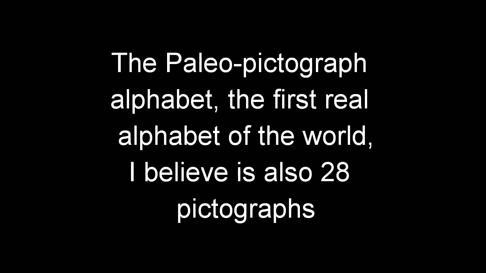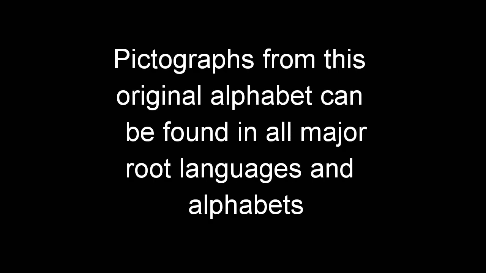The Paleopictograph alphabet, the first real alphabet of the world, I believe is also 28 pictographs. I talk about this alphabet in detail on another one of my videos. Pictographs from this original alphabet can be found in all major root languages and alphabets.